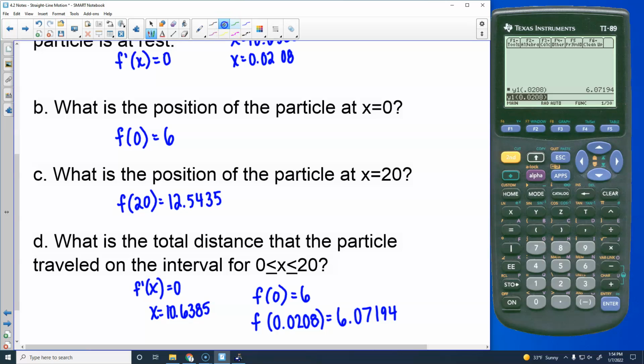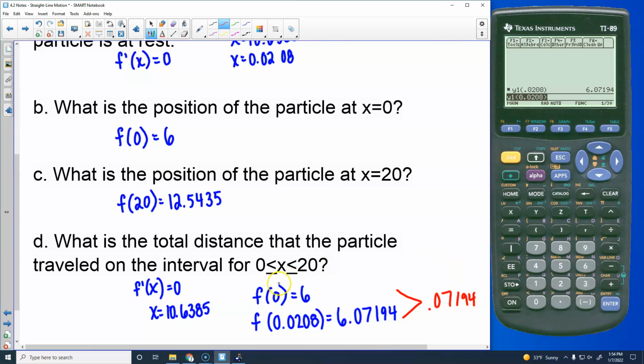So just from that really tiny little time there, how far did our particle travel? 0.07194, and it was going to the right in that case, right? Yes. It's just going to be units, but that's not going to be our final answer, because this is just for this little bitty time period right here.